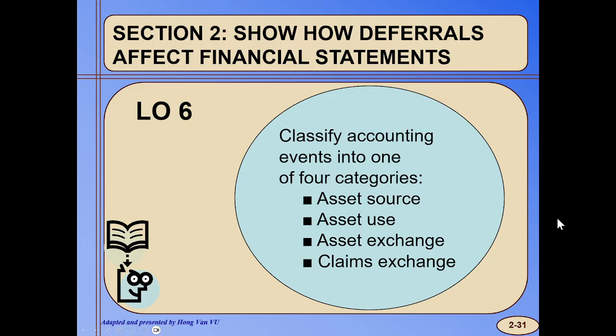So now we look at section number 2. We will show how the different events affect the financial statements. For this, our learning objective, we will classify the accounting events into one of 4 categories: asset source, asset use, asset exchange, and claims exchange.